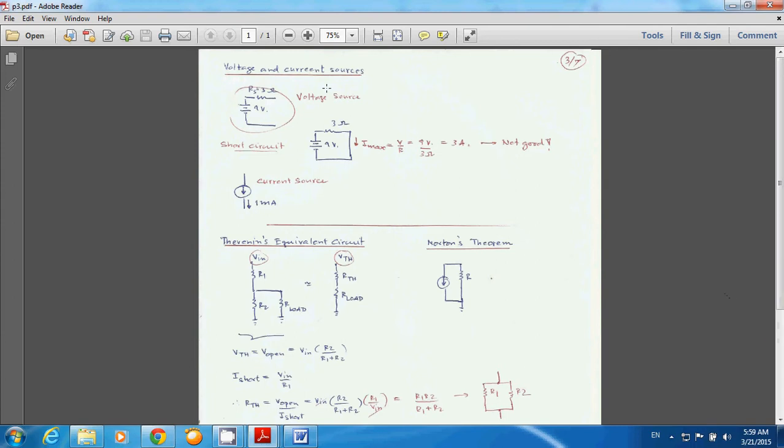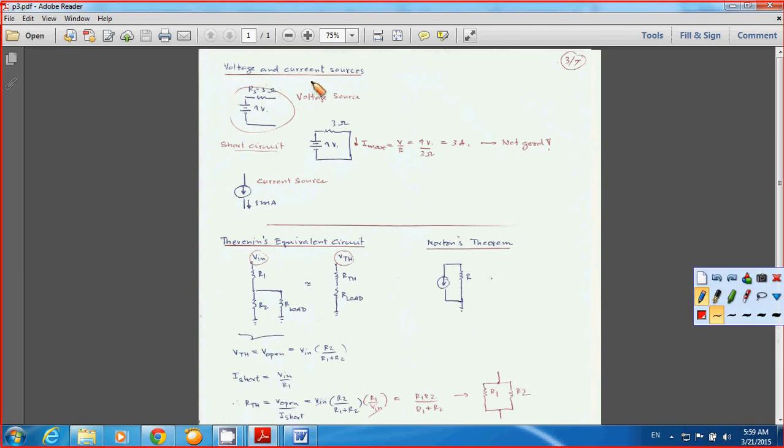Next, we take a look at voltage and current sources, and this is one of the important things you have to consider when you are talking about a voltage source. The voltage source is just like a black box, and you want to connect electronic devices, which we call the load, to the voltage source.